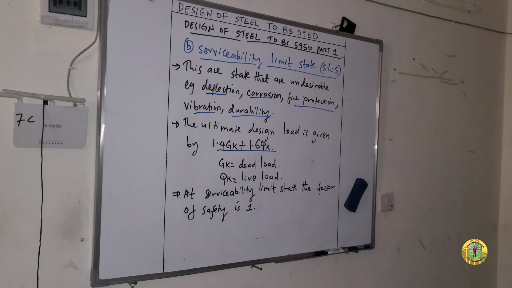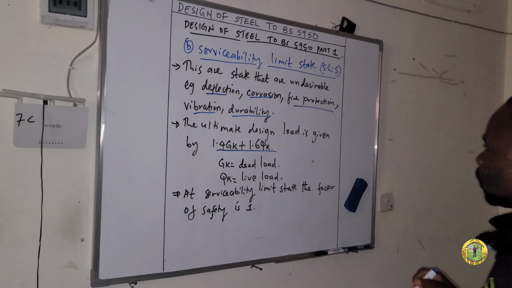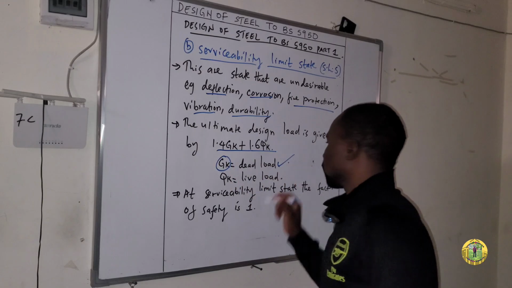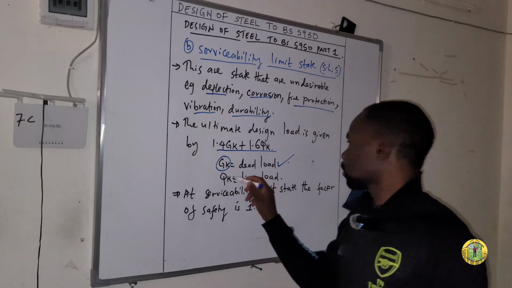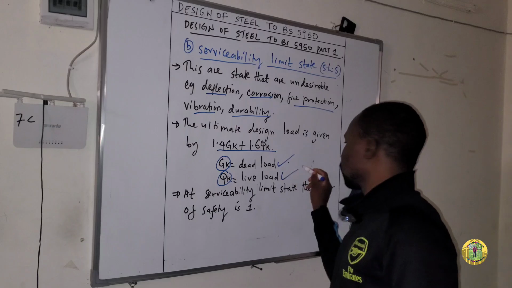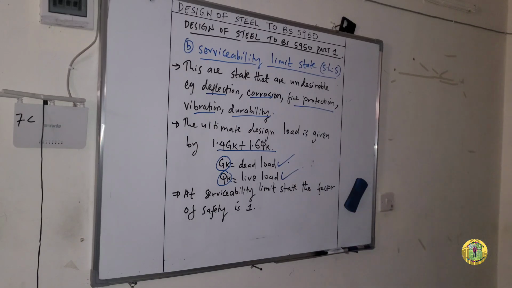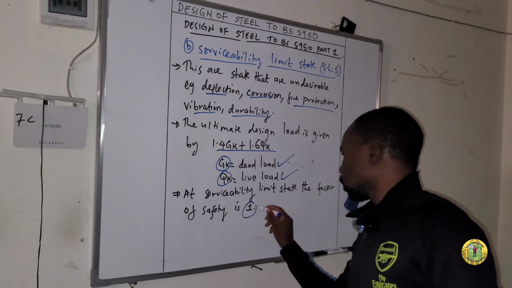This is the same formula we have been using in reinforced concrete design to BS 8110, whereby GK is the dead load and QK is the live load. At serviceability limit state, the factor of safety is 1.